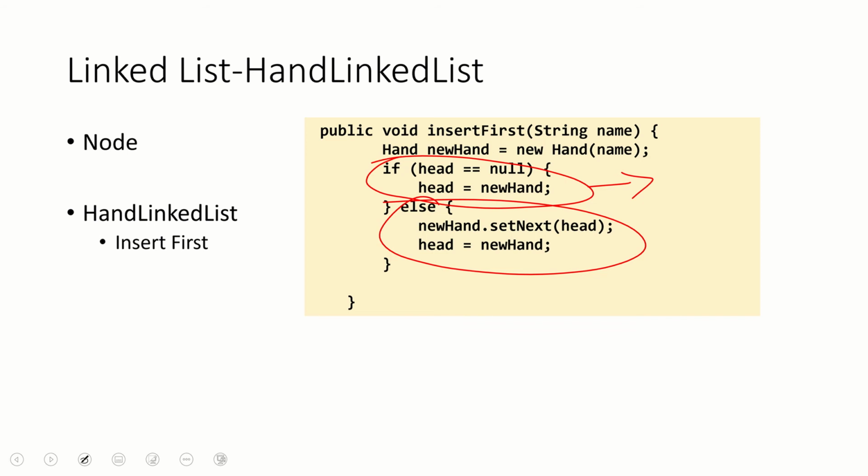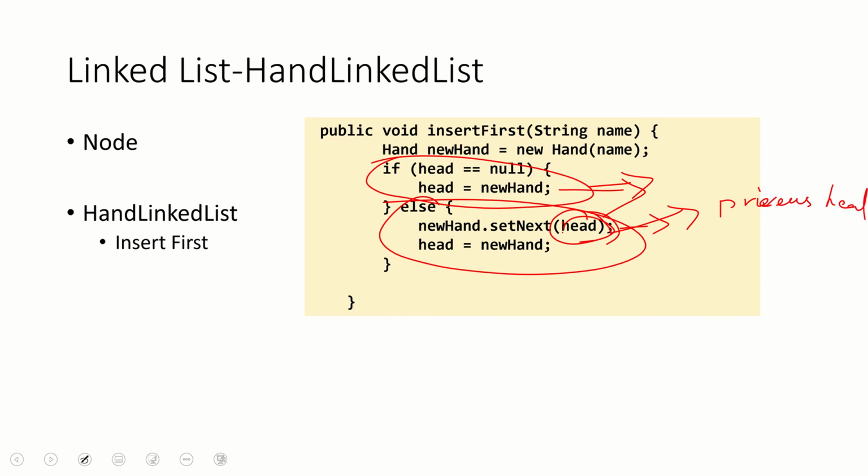If it's empty, the new one just becomes the head, right? If there is more than one element or more than one node in the linked list, what you want to do is make the new one point to the head. This head is the previous head, right?